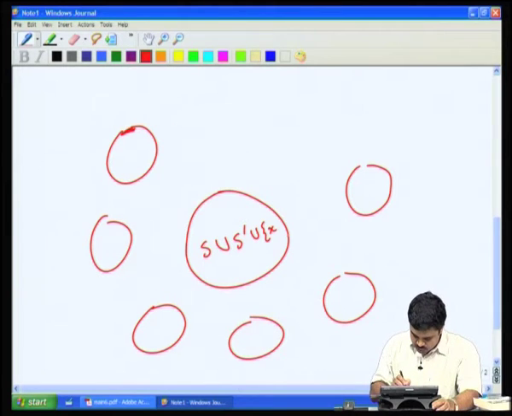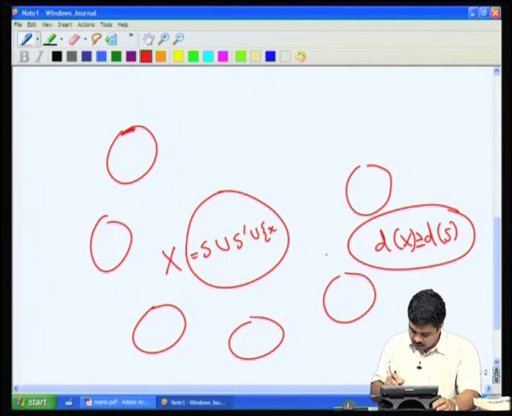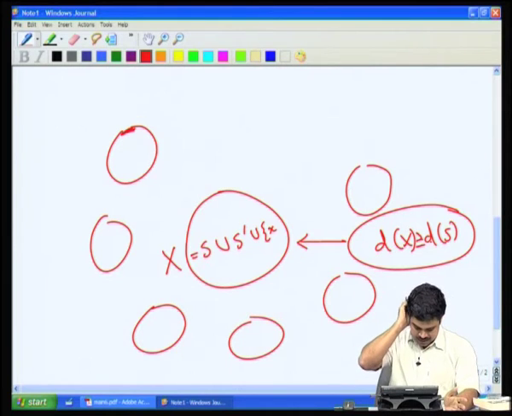If I call this set X, and I can show that D of X is greater than or equal to D of S, then I will be proving that X also belongs to F, right. Either S is not in F or X is also in F. That is what I will prove.